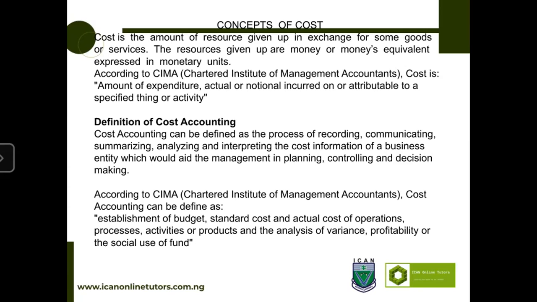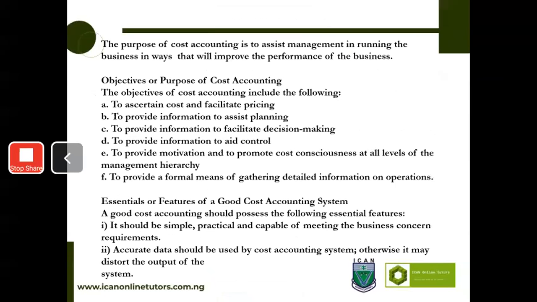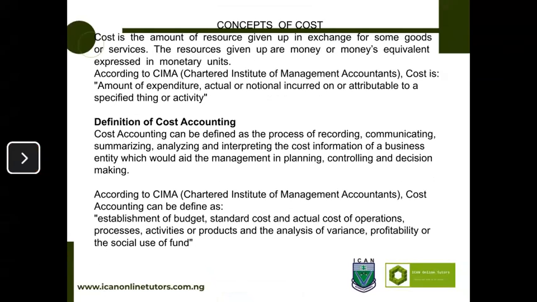But do you know that we have a standard definition for cost when it comes to cost accounting? Because everything in accounting has a body that regulates it. Just as we have IFRS, which is the body that regulates the accounting standard in Nigeria and throughout the world, likewise we have CIMA, the Chartered Institute of Management Accountants.